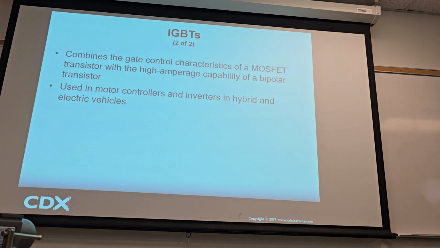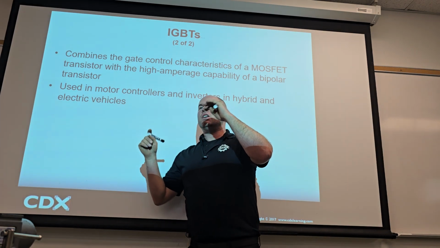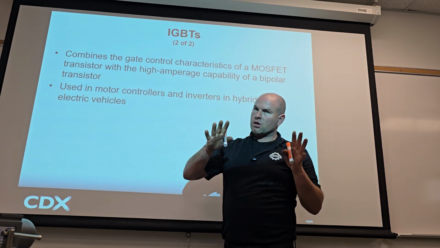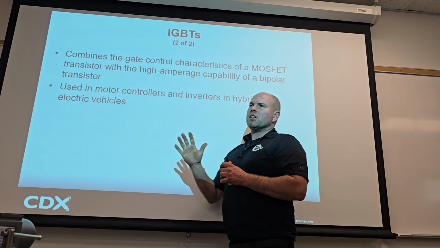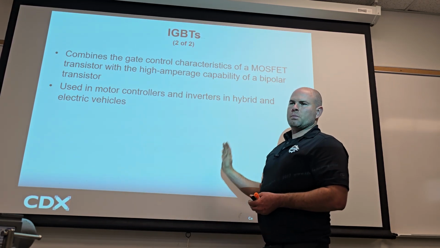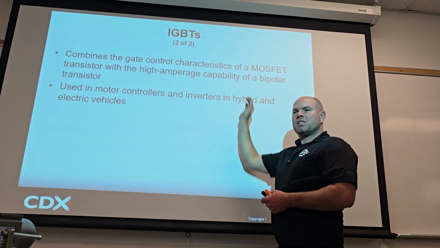Okay. They're saying it's kind of like the MOSFET, but it's high amperage, like a bipolar kind of combined, and you can see it used in the motor controller. I'd like to clarify, when I say inverter, the inverter inverts AC to DC or DC to AC, but we also control this motor by varying the frequency. If it's an AC motor and it's upsy downsy like this, and you want it to speed up, we need to do upsy downsy faster.